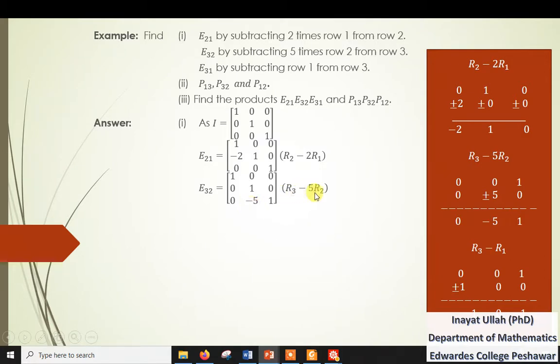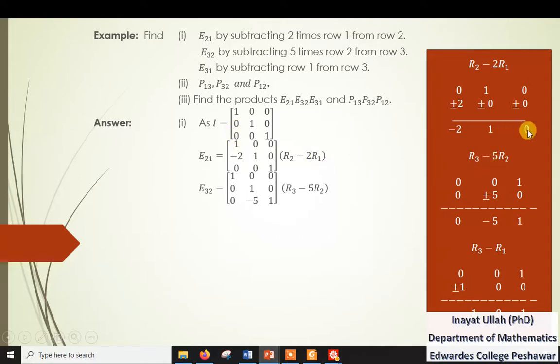If you perform this operation on the side, R3 minus 5 R2, write R3 first, R3 of this identity matrix, 0 0 1, and multiply 5 with R2.